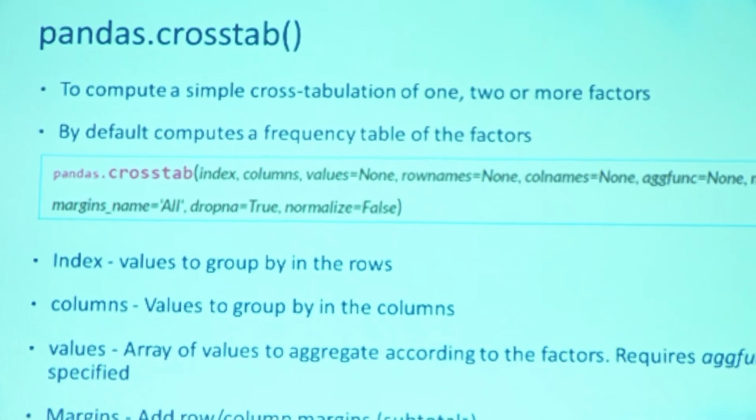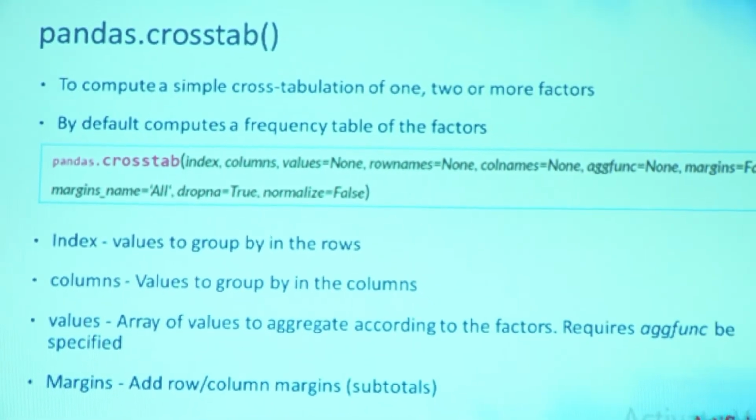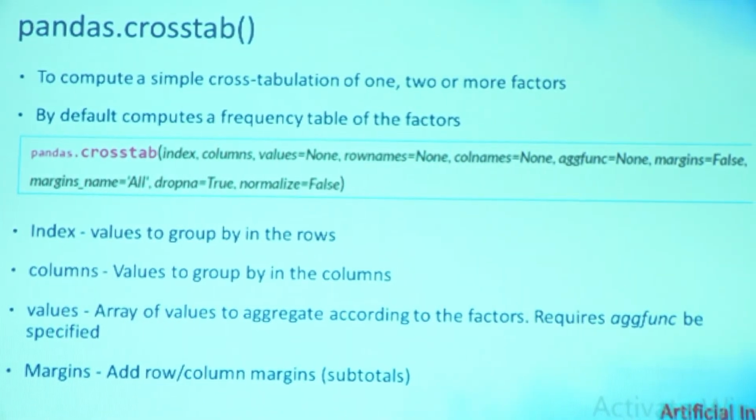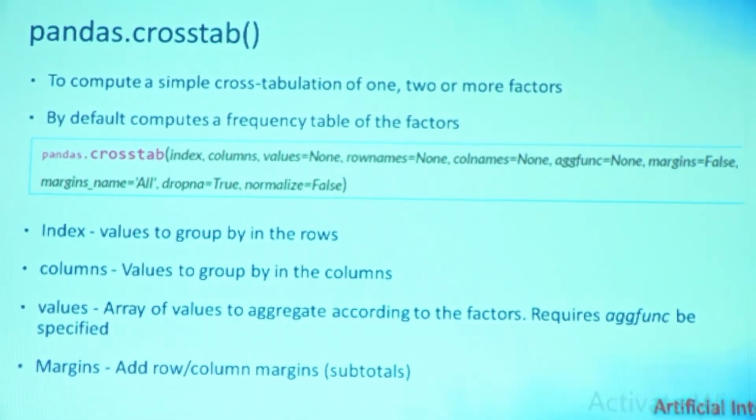Pandas crosstab method helps you to do that. The crosstab method alone is sufficient for understanding all these things. All of you please pay attention. The crosstab function helps you to compute a simple cross tabulation. It has various parameters, guys, and based on how you pass the parameters, the result will change. If you simply give the crosstab function, it gives you a frequency table.